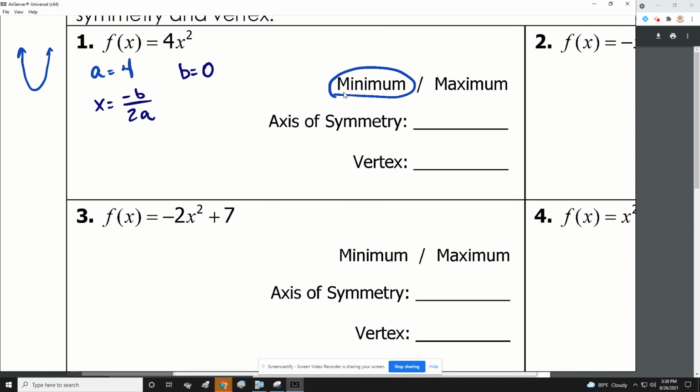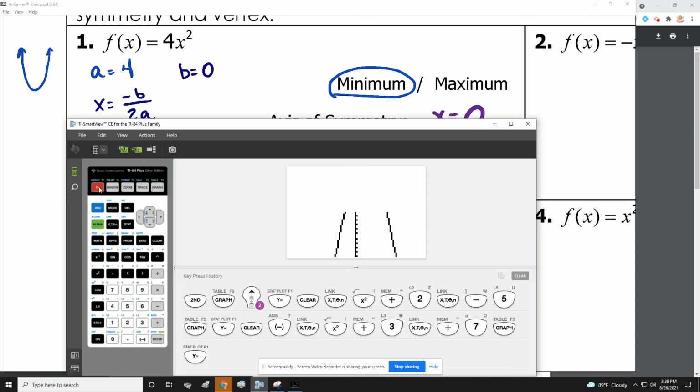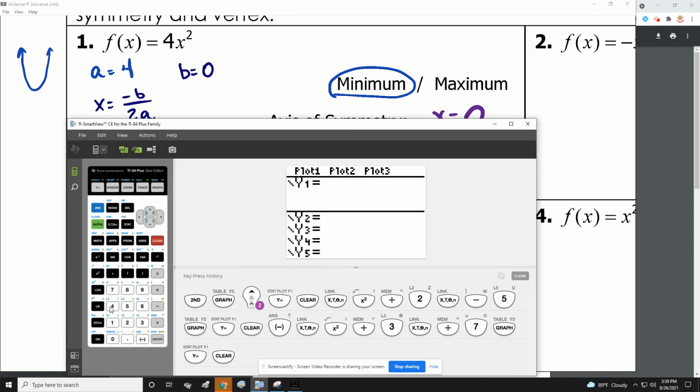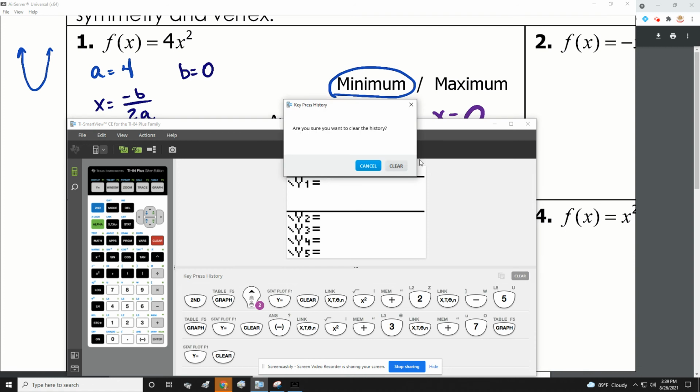So x is the opposite of 0. Well, 0 doesn't have a sign. So this is going to be 0 divided by 8. And 0 divided by everything except 0 is 0. Okay? And then we're just going to let the calculator help us find the vertex. So we'll go in and we'll put it into y equals.